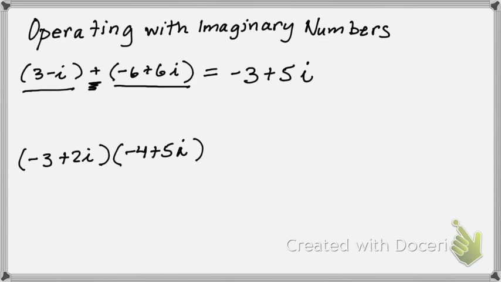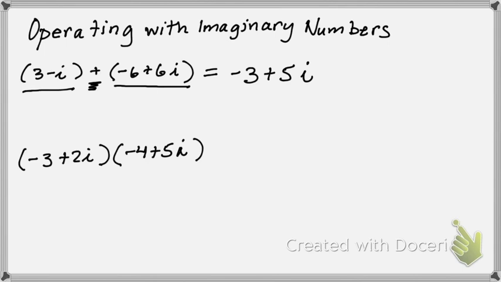So there's no negative aspect that is happening when we're operating with these until an i squared shows up. So don't forget that. Just wait for the i squared before you introduce a negative element to the imaginary number.